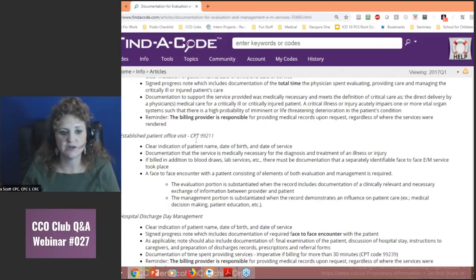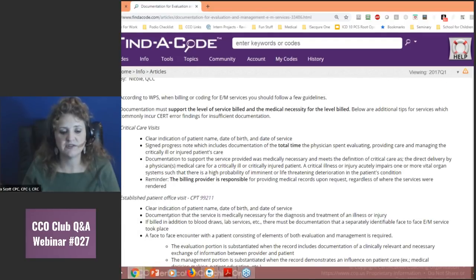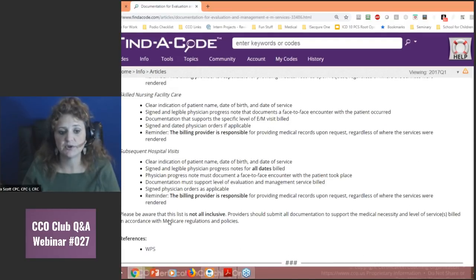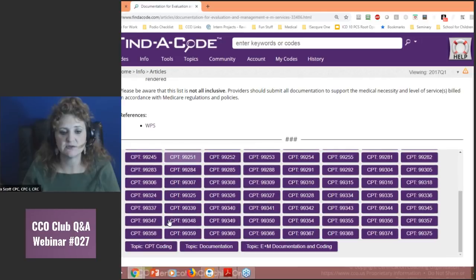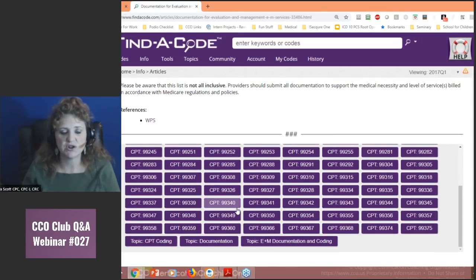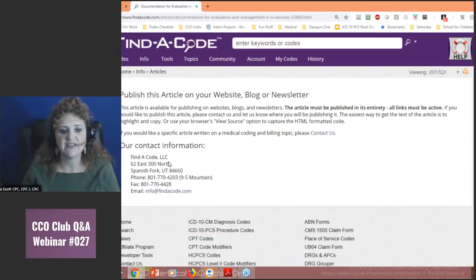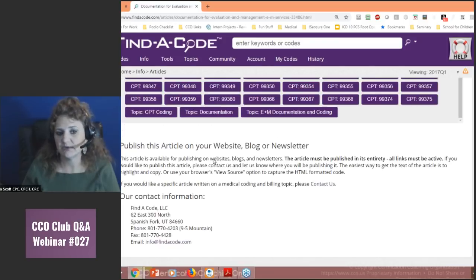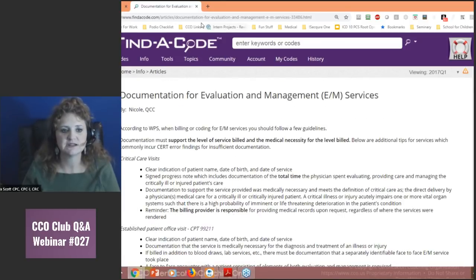Okay, so not only critical care, but all of these others. And it would be good for you to go and look at them if you have access to this article. And this just tells you what codes are used. And this is the information about getting permission to do that. So that is what Find a Code said.